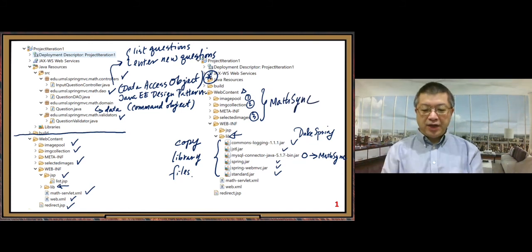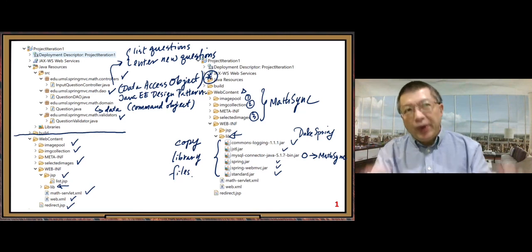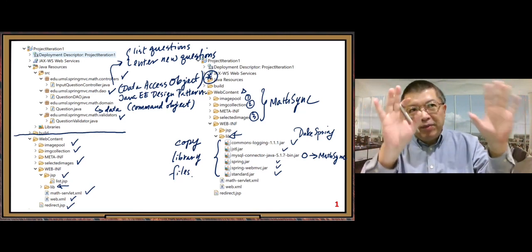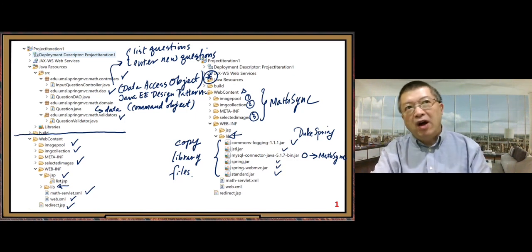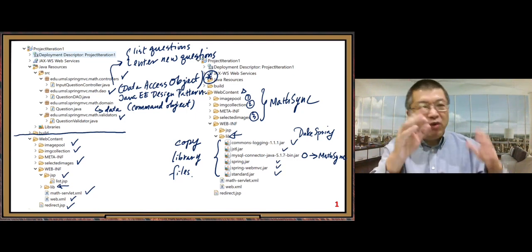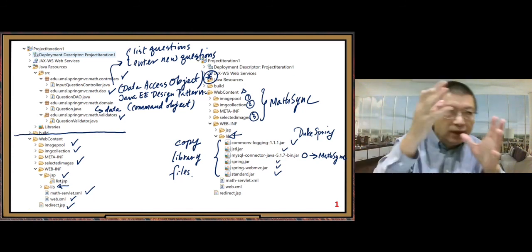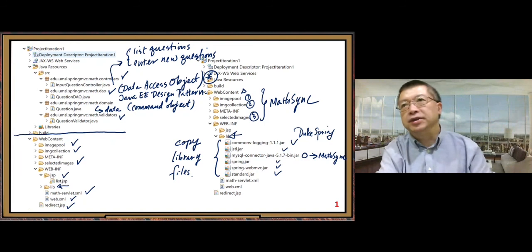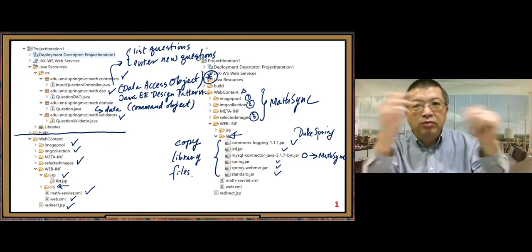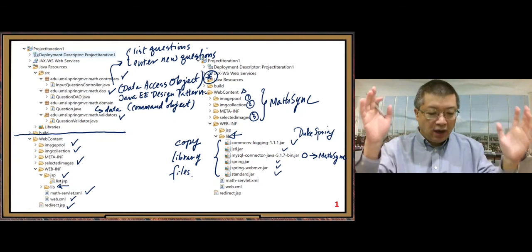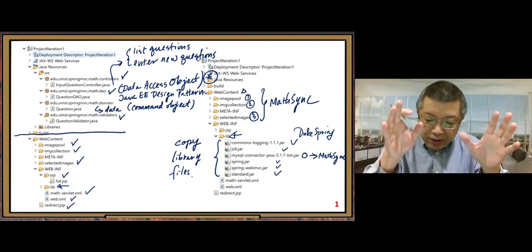Then we complete the first step. Starting from the next video, we do more and more. Every time we add a little more content into our project until we complete the whole project. All right, let me finish video B.2 here.